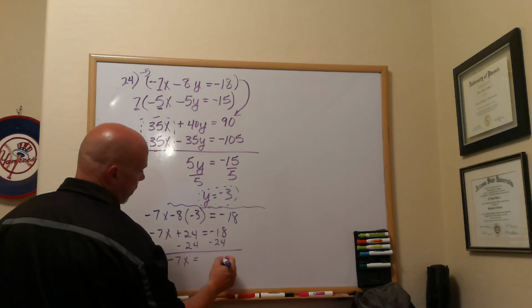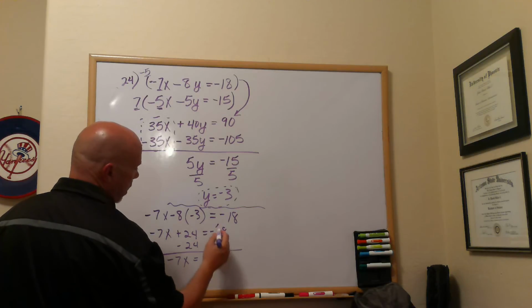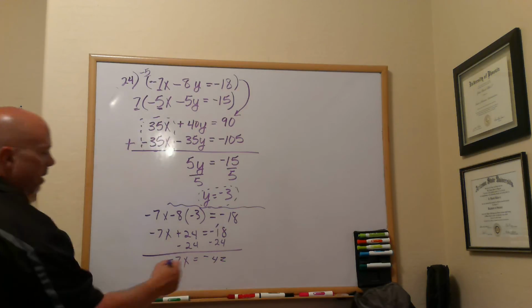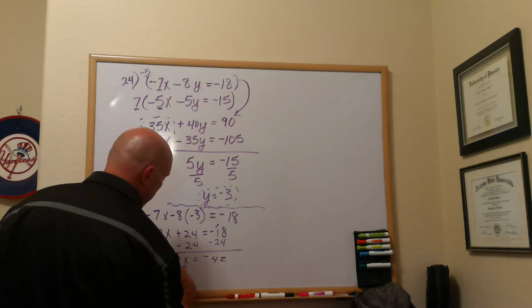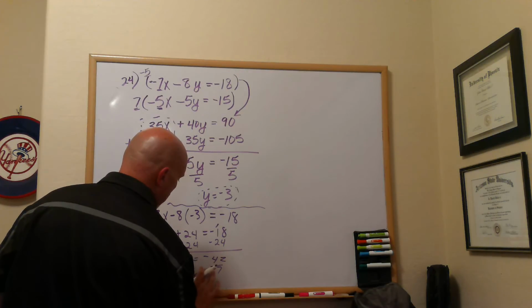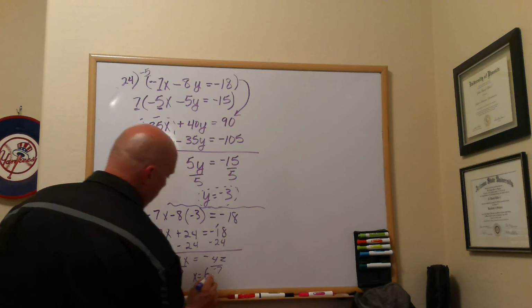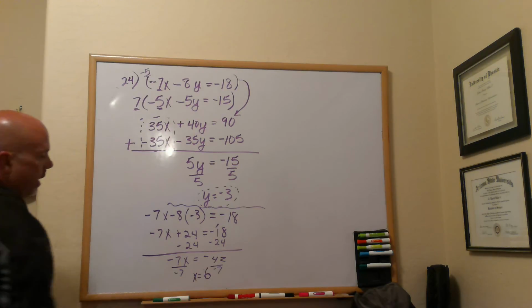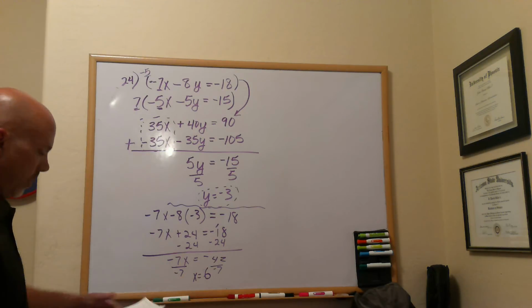So 8 and 4 is 12. Bring 1 up, 2, 3, 4. So now I have a negative 7x equals a negative 72. I'm going to divide by a negative 7. X equals 6. That's a positive 6 because I divided the negative 42 by a negative 7, and I get x equals 6.